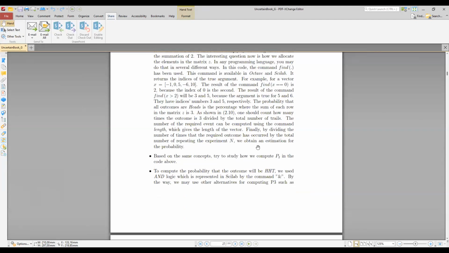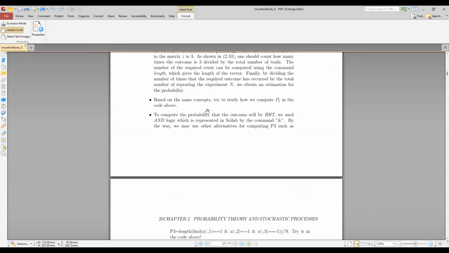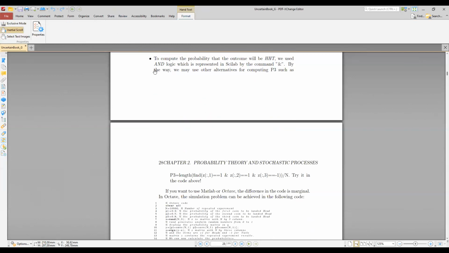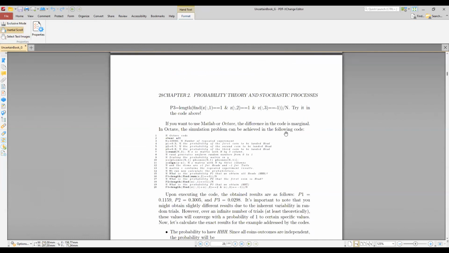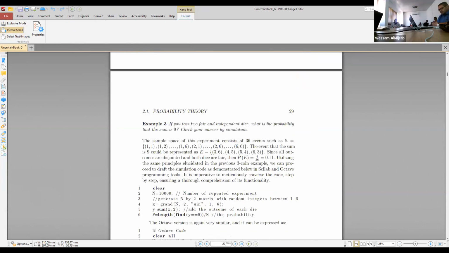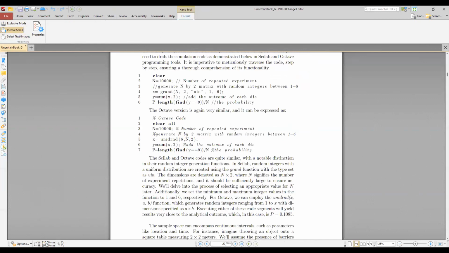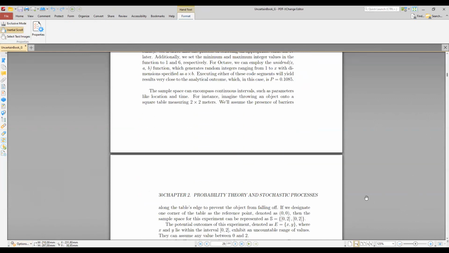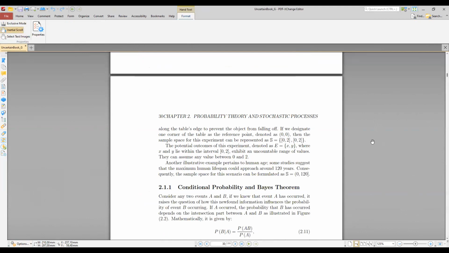And here there is the explanation of the Octave code, and you can see here the conditional probability.